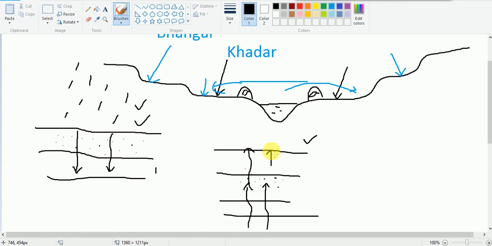And when it reaches the surface, due to the bright sunshine, the water will be evaporated and the crystals of salt will remain on the surface, and thus the soil becomes saline. So this is due to the capillary action.